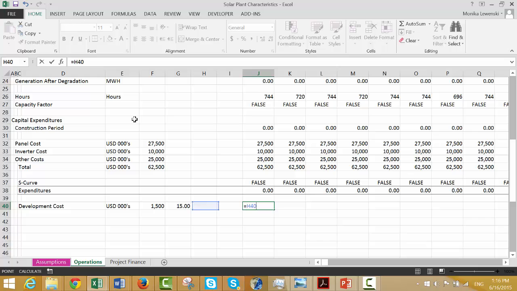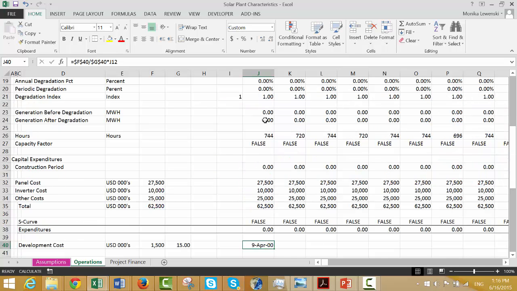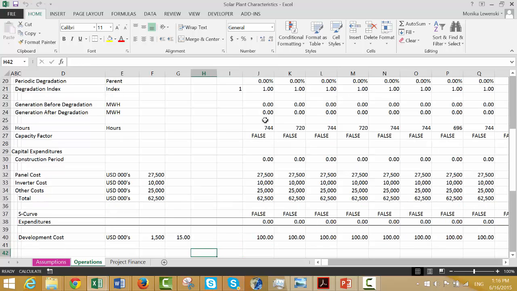So we take this one, F4, divided by this one, F4, but we multiply this by the development switch. Okay, Shift Control 1, Shift Control R. So that's our development cost.